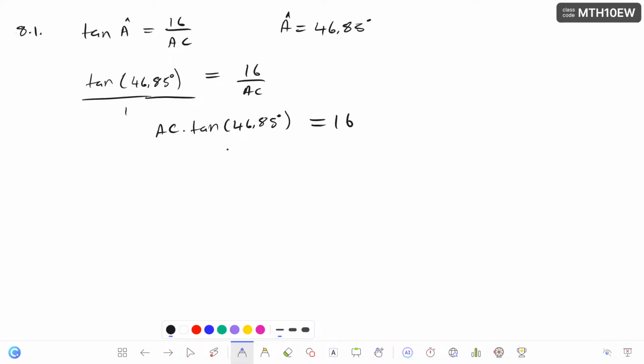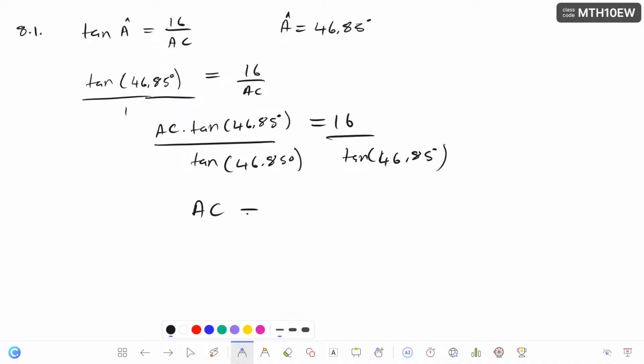So we need to divide by tan of that angle. So AC is equal to 16 over tan 46.85 degrees.